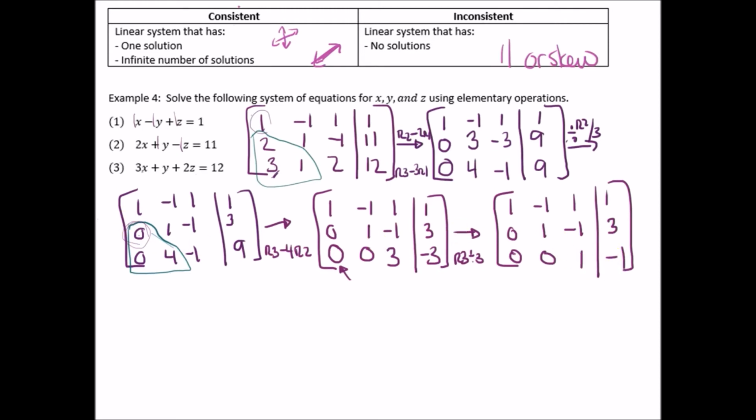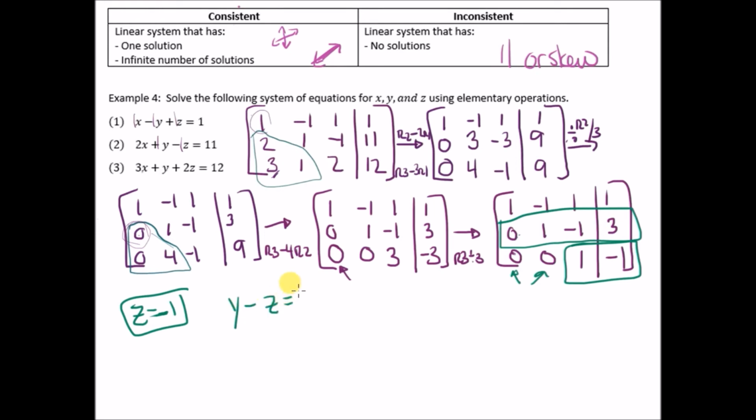Okay, now here's the whole purpose of this. We have 0x, 0y, so this right here tells us that z equals -1. So that's done, okay? What this row tells us, because we have that 0 in there, is that y minus z equals 3, or in other words, y minus -1 equals 3, y plus 1 equals 3, bring that over, y equals 2.